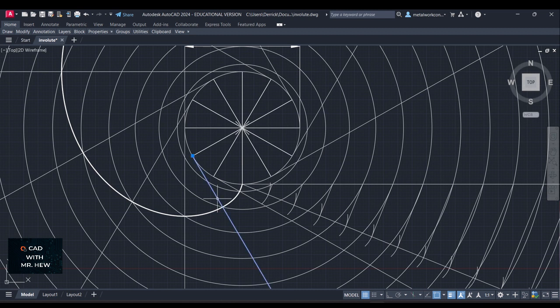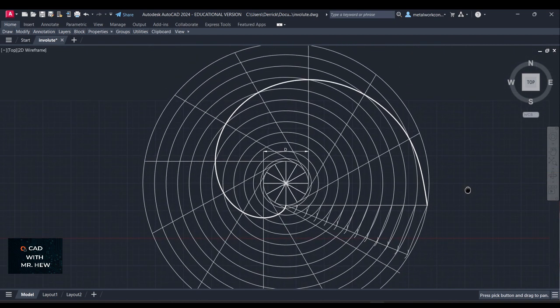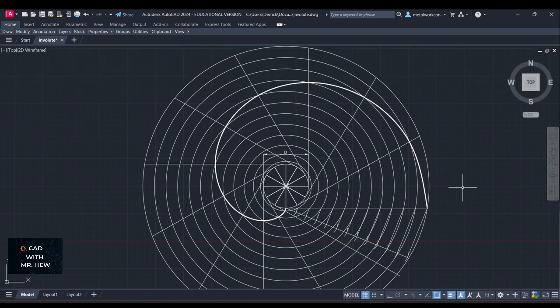Good so far? Good. And the next one would be this circle with this line to give you this intersection here. Then this circle with this line. Then this circle with this line, right? Are you following? Good. So this circle with this line, and you continue all the way around until you reach the end.